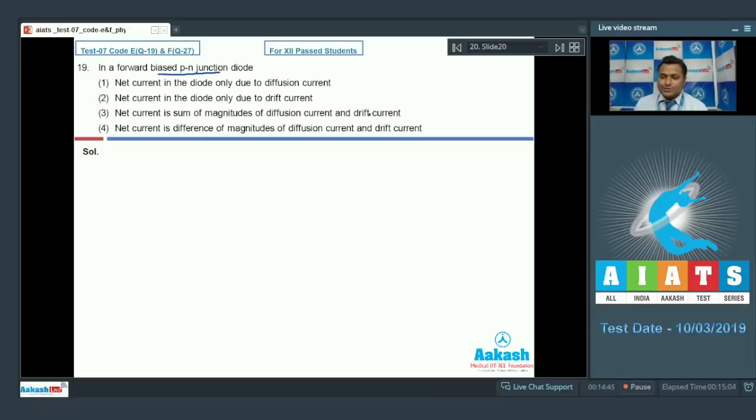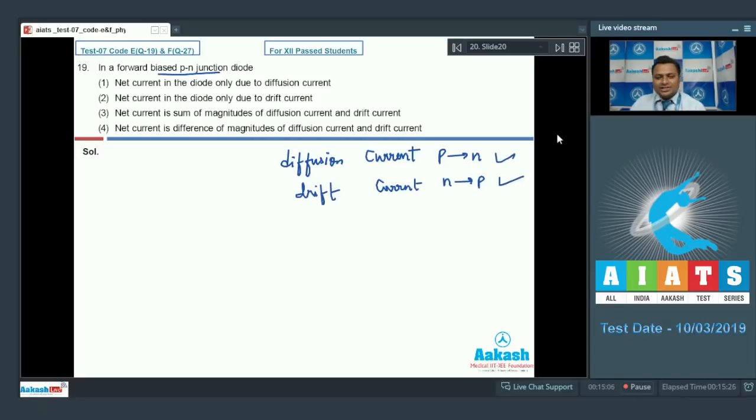We know very well in case of PN junction diode, diffusion current flows always from P to N. On the other hand, drift current flows from N to P.